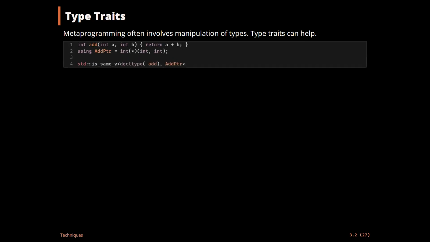So let's start with the first type trait, is_same_v. We've actually seen this one before. It checks if 2 types are the same. So I'm going to ask you, is decltype of add the same as add pointer? Is that the same type? Who thinks it is?